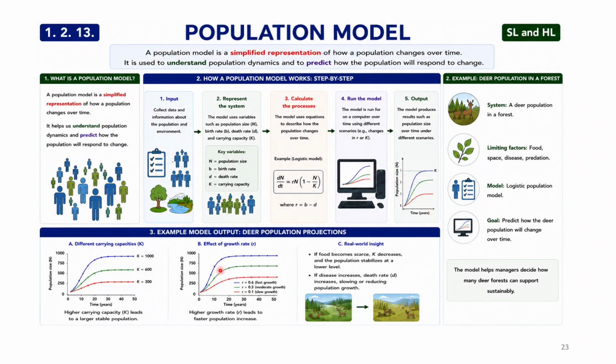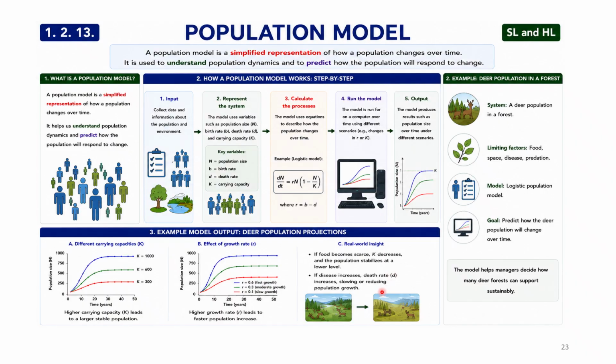The example of a deer population in a forest demonstrates this concept. Factors such as food availability, space, disease, and predation influence how many deer the habitat can support. Model outputs show that increasing the carrying capacity results in a larger stable population, while a higher growth rate allows the population to reach that level more quickly.